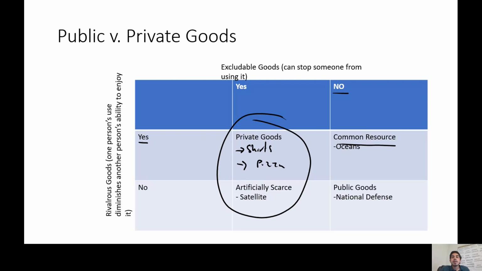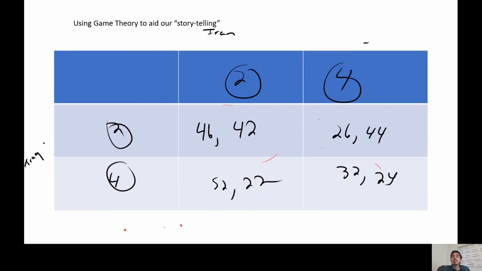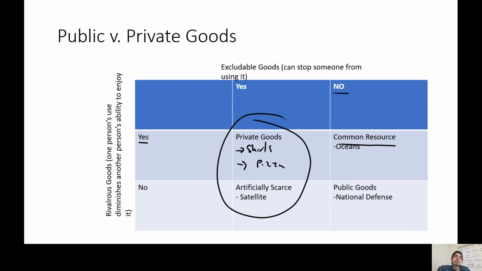And the reason is we can actually use game theory to help us think about why this takes place, right? There's an incentive to overgraze your cattle, and we arrive at a suboptimal Nash equilibrium. But there are other things that we can associate with commons, right? We can think of oceans as the global commons.